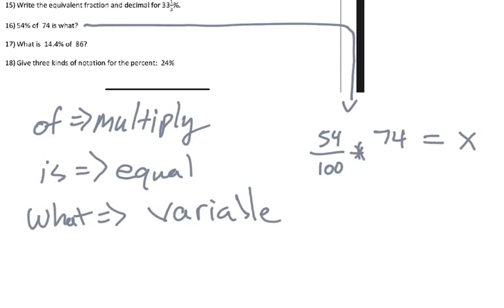What is x? So we're going to solve this. I misspoke here. We actually don't need to do algebra because everything's on the left-hand side. So we would multiply this out. If we multiply this out, we get 3996 over 100 is x. Now, I'm not going to bother with what 54 times 74 is. You can work that out for yourself.